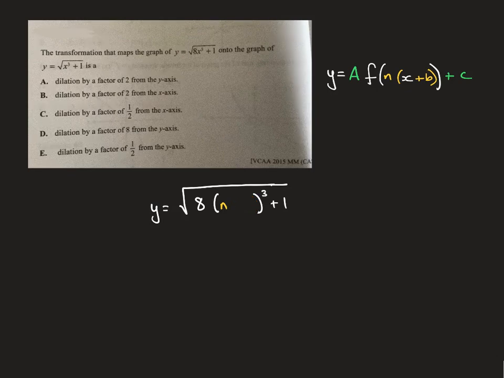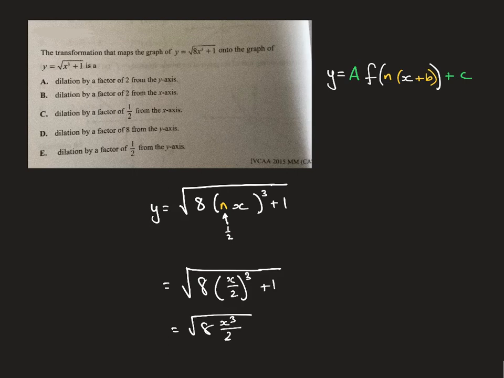So I'm just going to look for something multiplied by x that's going to give me something that will cancel with that 8 when I expand it out. And what I'm going to put in its place, I'm actually going to put a half in there. So what I'm going to get is y equals the square root of 8 times (x on 2, or a half x) cubed, plus 1, which is going to be the square root of 8 times x cubed over 2 cubed, which is your 8.